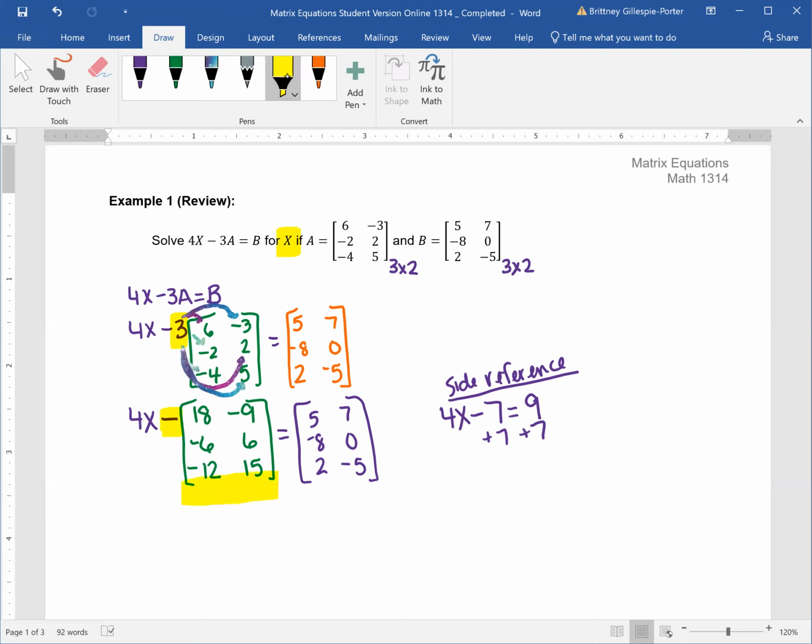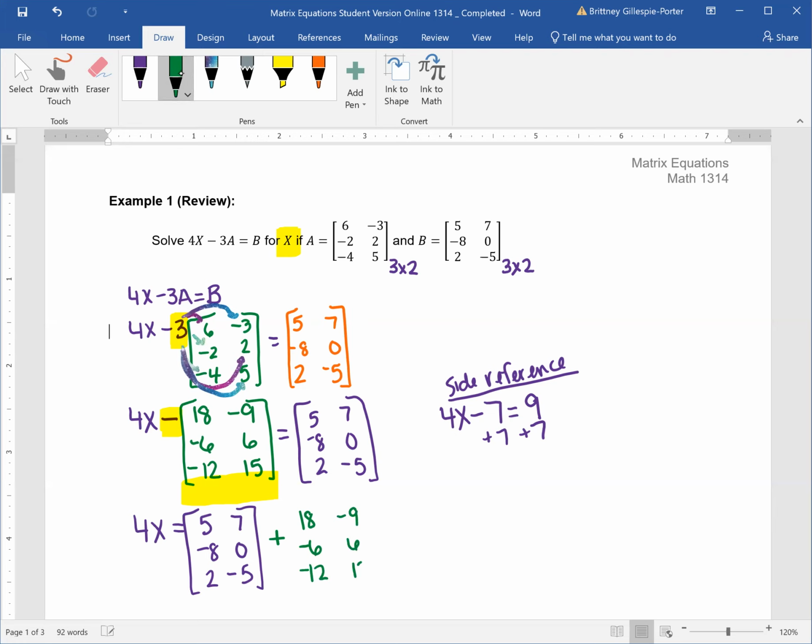So what we're going to do is add that green matrix to both sides. So we're going to have 4x is equal to the matrix that was already there, which is still matrix B. We haven't touched it. And now instead of subtracting our green matrix, we're going to have plus the green matrix, which was 3 times A.